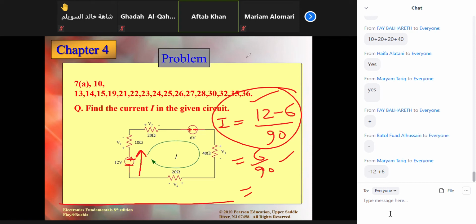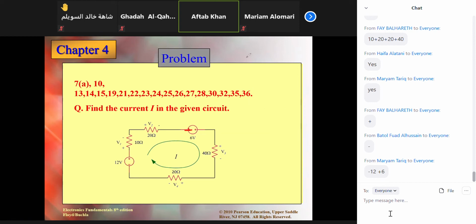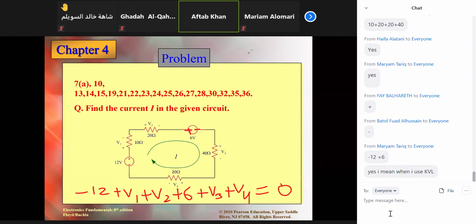If I apply KVL here the same way, if it is positive, negative, you will see negative 12, positive V1, positive V2, then positive 6, then positive V3, positive V4 is equal to 0, because it is equated to 0 now. Understand? So when I bring this and this to the other side, it will be written as 12 minus 6. This is the way.